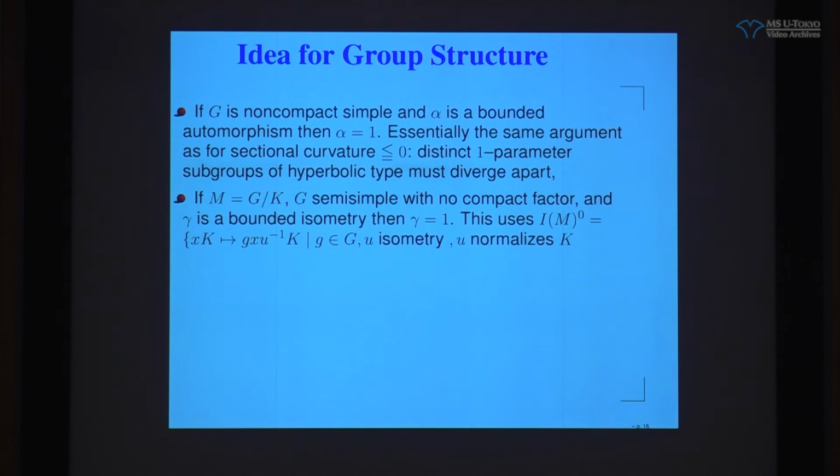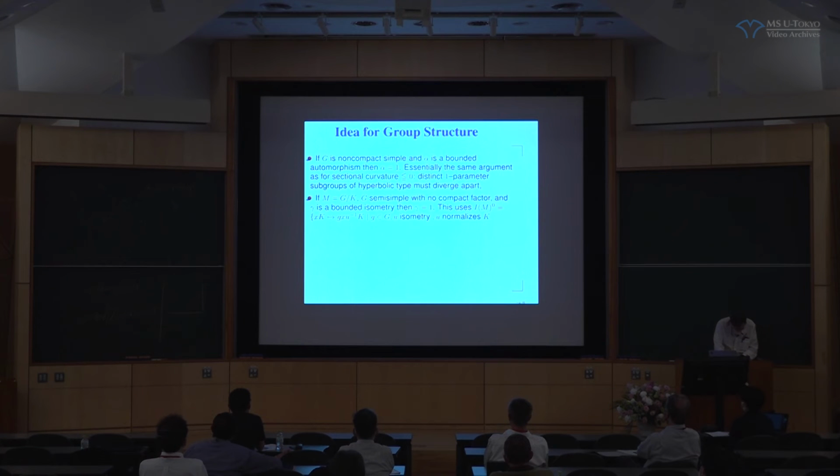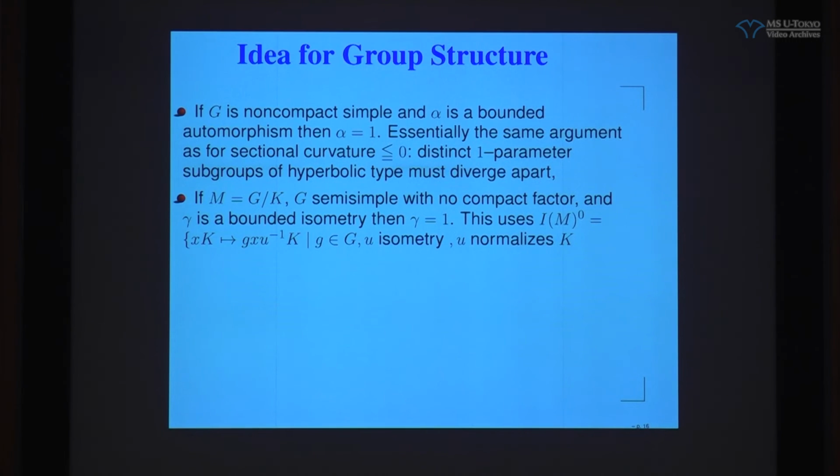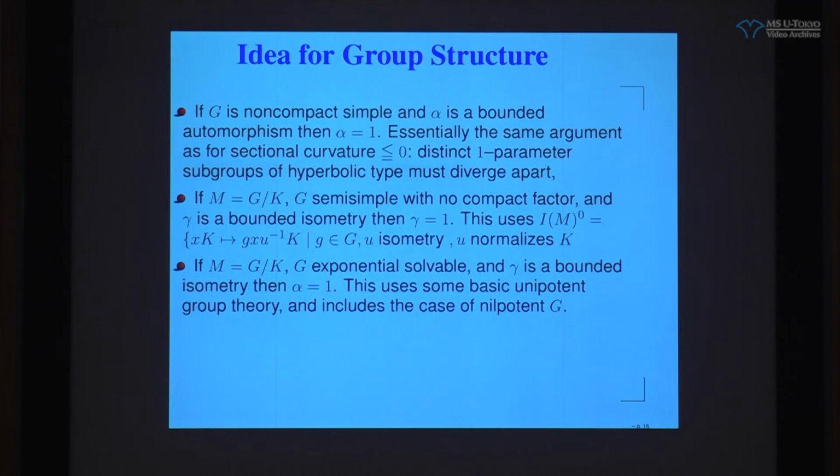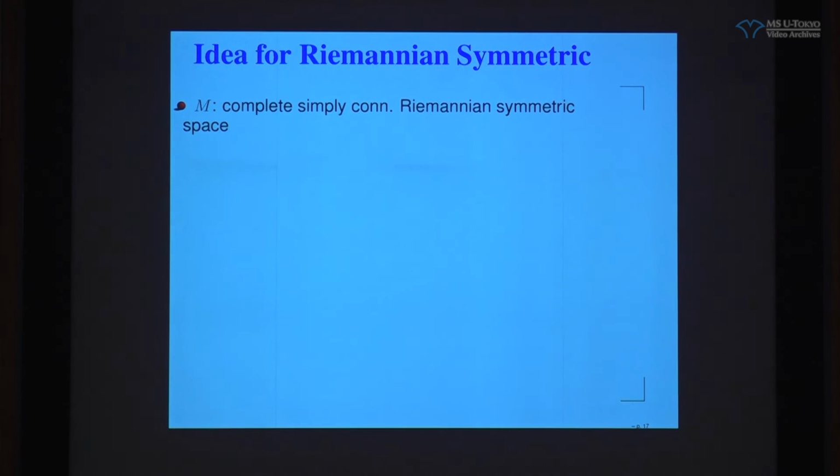Maybe I should just skip over these things. Well, if you have an exponential solvable group, for example, and a bounded isometry, then no, let me just skip this.